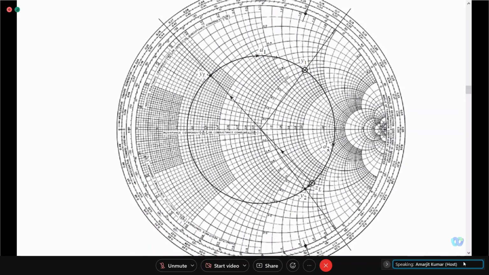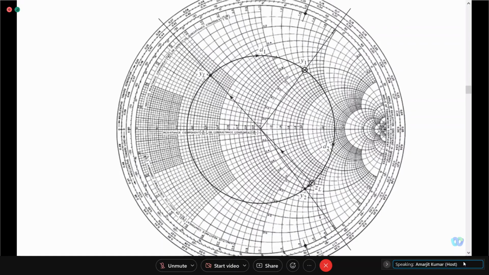So r is equal to 1.2, it is on this circle, the resistance circle. r is equal to 1.2 and xL is equal to minus 1.6. So 1.2 and minus 1.6 is here. The intersection will give us zL. So zL is here.